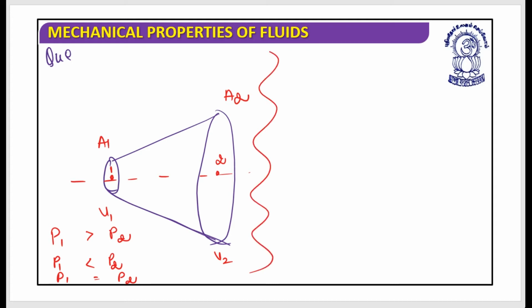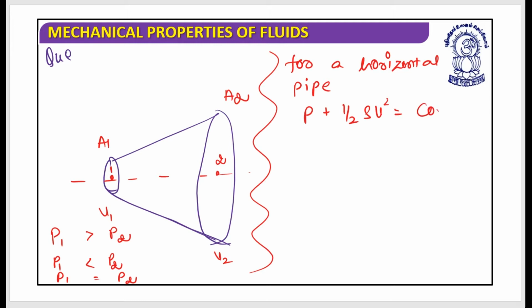So what should I do? First thing, it's a horizontal pipe. So for a horizontal pipe, P plus half rho V square is equal to constant. Do you agree with this? Great. Now, according to the equation of continuity, A1 V1 is equal to A2 V2.